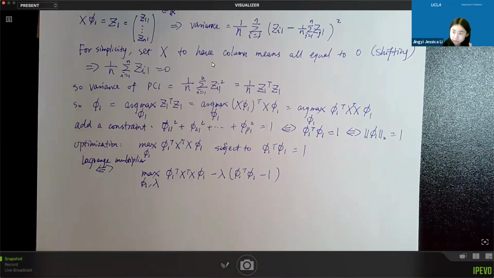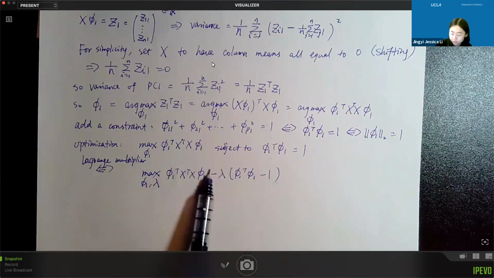And we just want to take differentiation against phi 1 to achieve the maximum, to solve this problem. That is, we set the gradient of this function against phi 1 to 0. And that solution will be the maximizer phi 1 for this whole function. That's what we want.